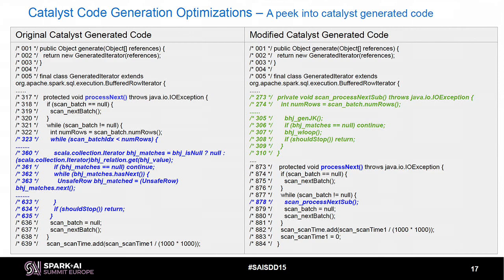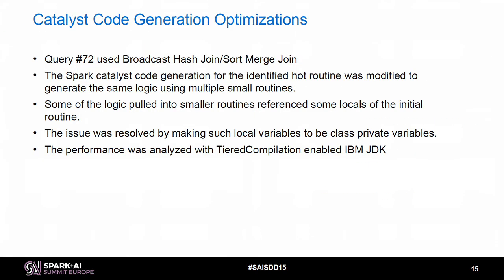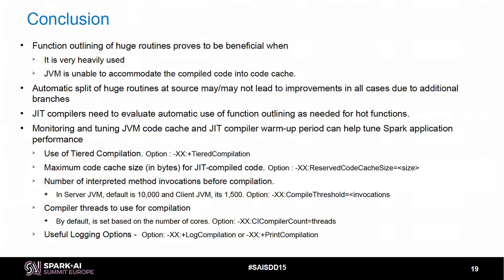Is there any easy way to catch these points which you can optimize? It seems like you need to literally look into the JVM and see if it is doing that compilation, or is there an easy way? Actually, since I had to make you understand what these logs mean, I had to give a bit of internal workings. Otherwise, it's just a log, and you just need to see. You can directly see the logs say that this routine got compiled. I have a sample of such logs.